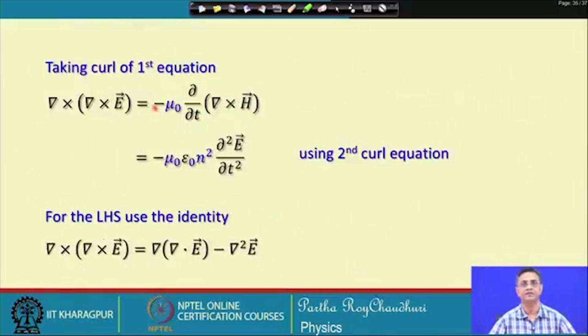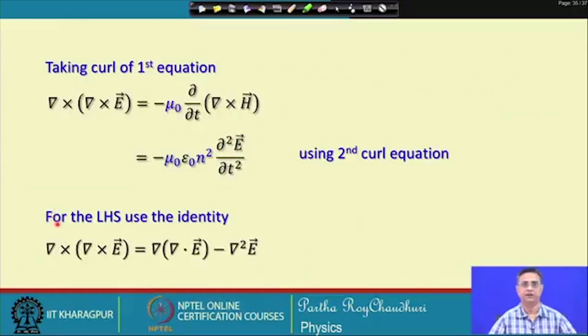So, if I substitute the expression, we can write down that del cross del cross E is equal to minus mu naught epsilon naught n square del square E by del t square.